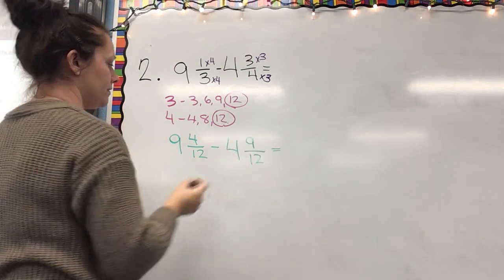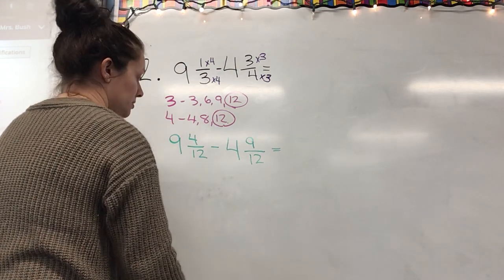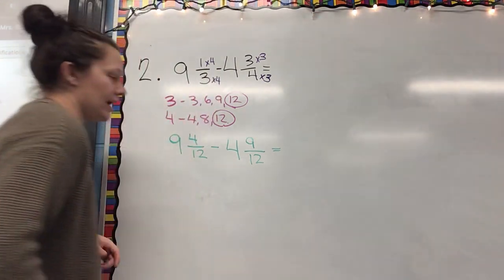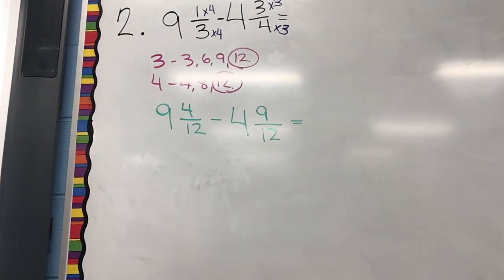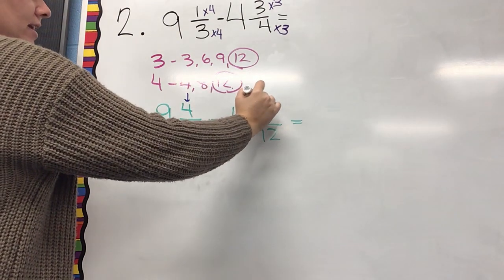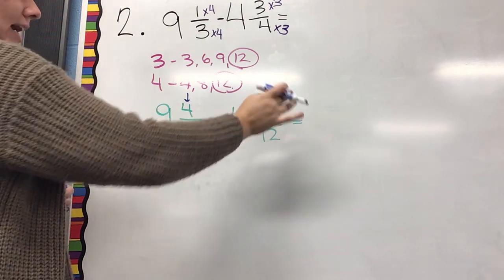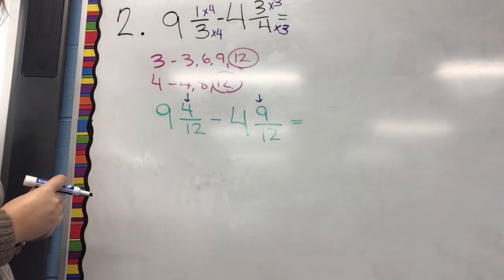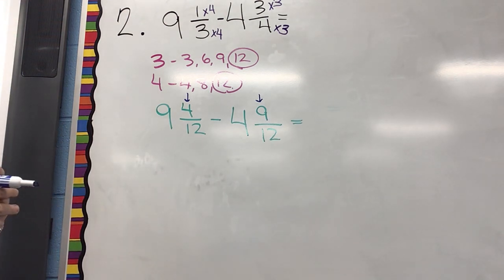Now, what's different on this one that I want to point out to you, this is going to be a new step for us, is that if you were to look at your numerators right now, you notice here I have a 4, and then I have a 9. Well, can I do 4 minus 9? I can't do that. So just like in our regular whole number subtraction, we have to borrow.